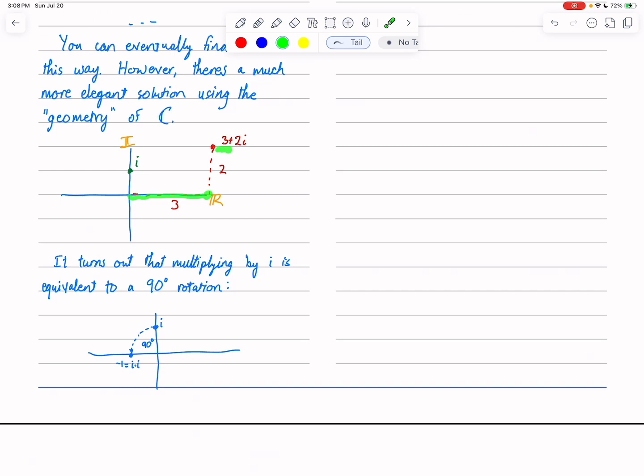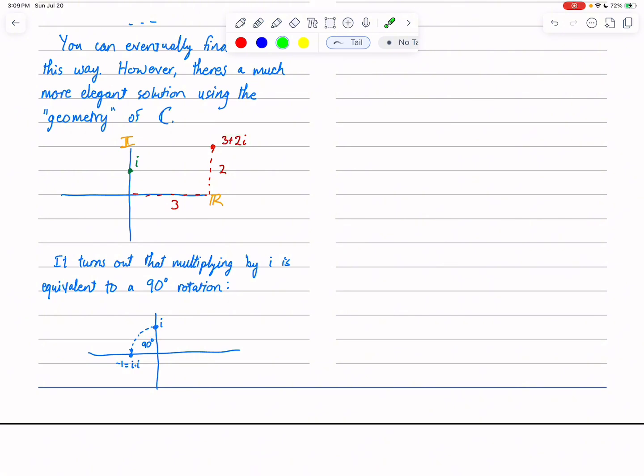So you use the real axis to go out as far as the real part indicates. Then you go vertically, and the vertical axis is our imaginary axis. So we go up by 2 because that is our imaginary part. And so we get to this coordinate 3, 2, or what we tend to write as 3 plus 2i.